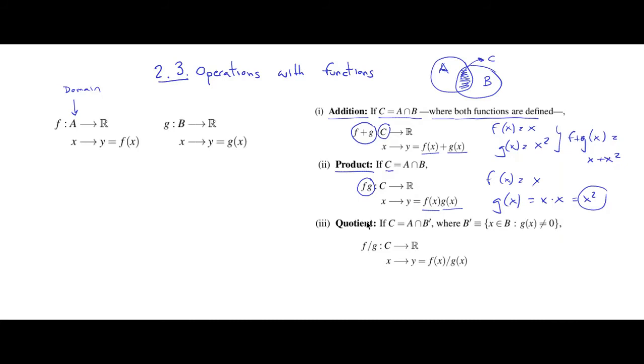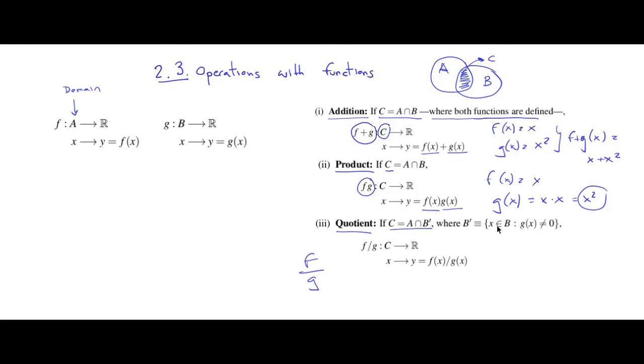And then finally the quotient. Here the domain is a bit different because if you have f and g and you're going to divide f over g, as we have seen before, it doesn't make sense to divide anything by 0. So B prime here is B, but without the values of x that make g of x be 0.